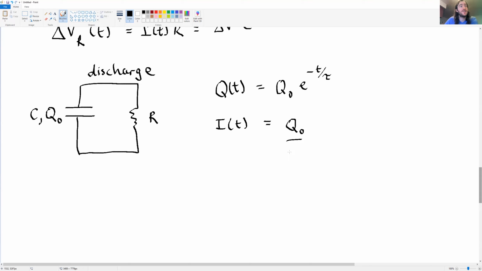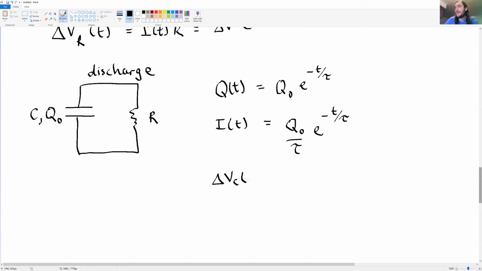And of course, there is no delta V being supplied to the circuit. So when I write the current, I write it as Q0 over tau, or you could write it as Q0 over RC. Okay, and so the current initially begins at a maximum value and then decreases to 0. Again, I'm leaving this for you guys to check on your own.